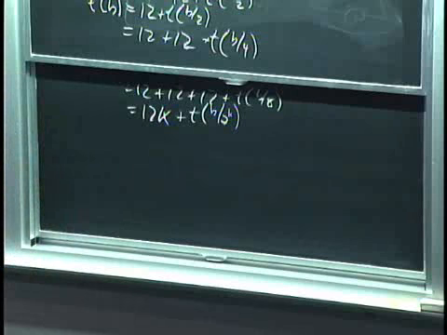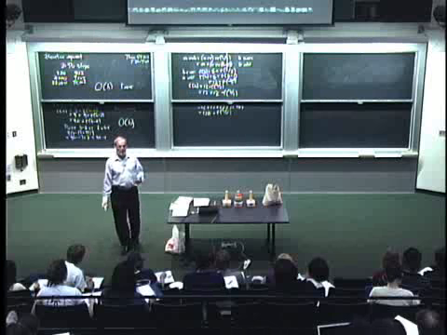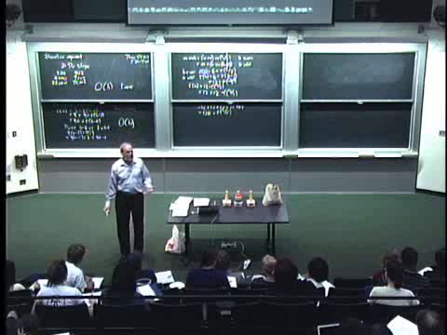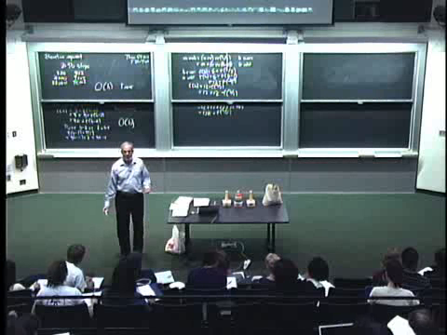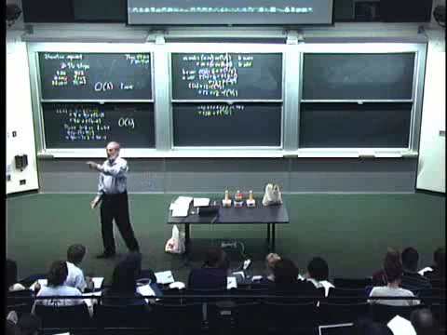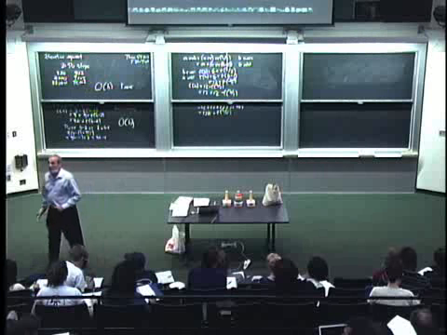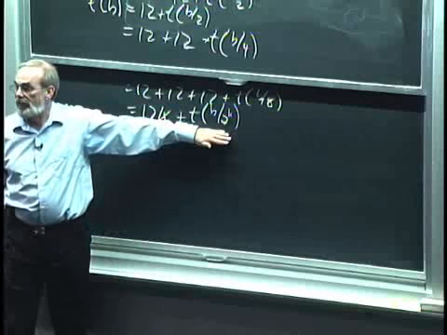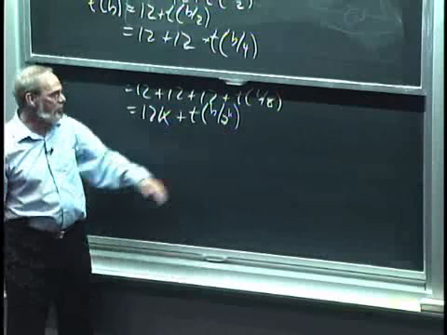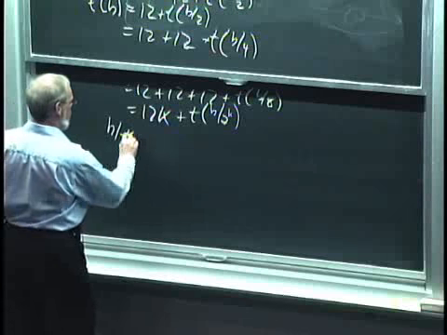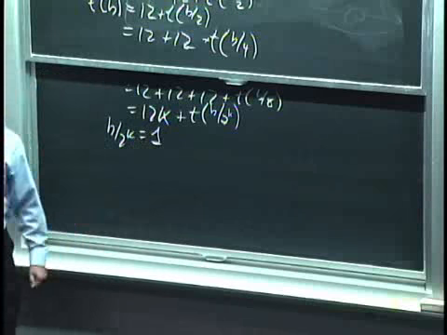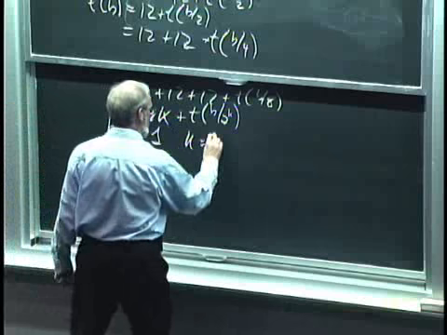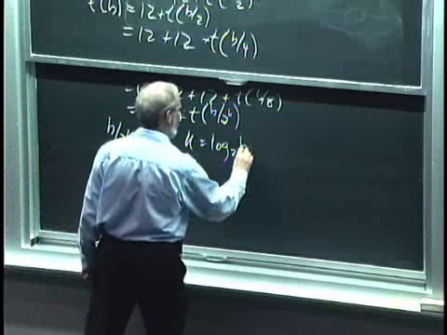When am I done? When do I get down to the base case? Somebody help me out. What am I looking for? Yeah, you're jumping slightly ahead of me, but basically I'm done when this is equal to 1, right? Because I get down to the base case. So I'm done when b over 2 to the k is equal to 1, and you're absolutely right. That's when k is log base 2 of b.